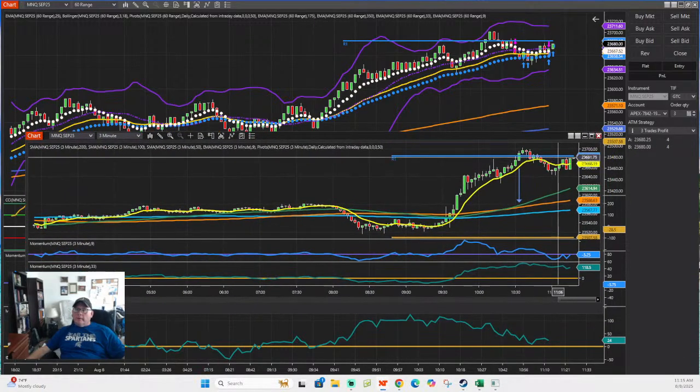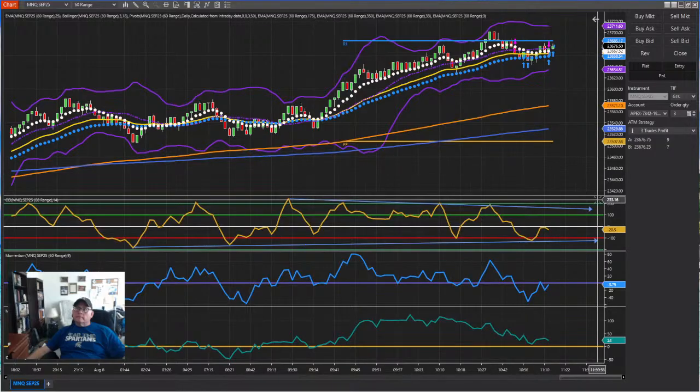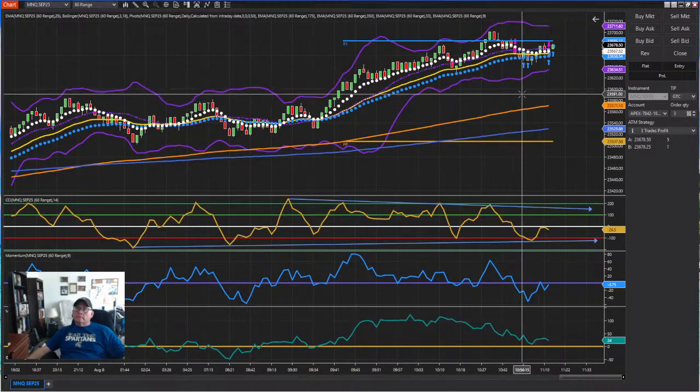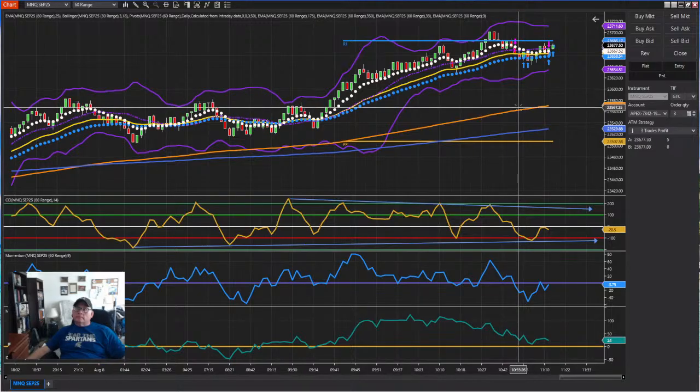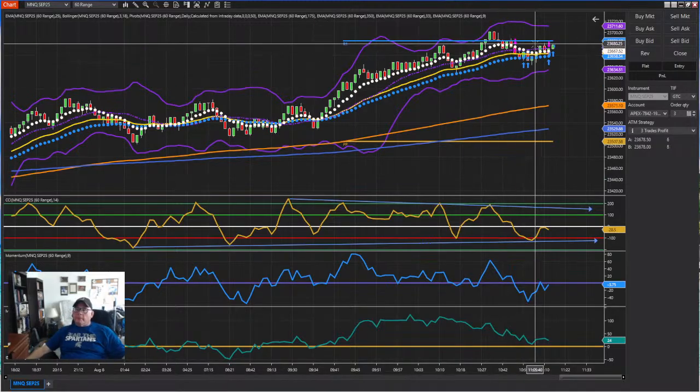3-minute bar is showing this. Below zero still. Above. Pretty much a rejection there.